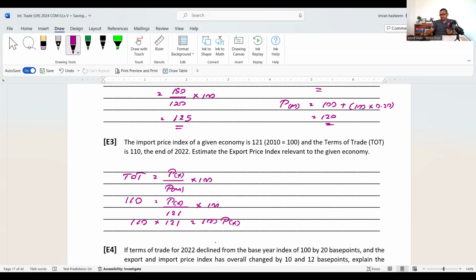Can you give me a value? 110 multiplied by 121 is 13,310. So you can do cross multiplication: 13,310 equals 100 PX.